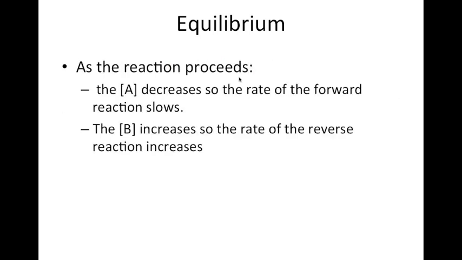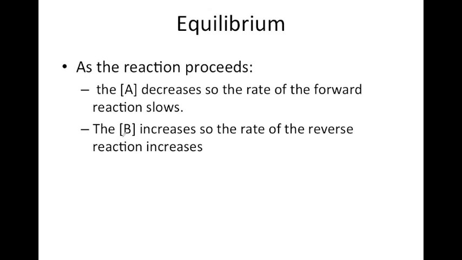Now, as the reaction proceeds, the conditions change, and so do the rates. The concentration of A will begin to decrease over time, so with fewer A molecules, the rate of the forward reaction will begin to slow down. As we begin to build up our concentration of product B, then B will begin to react to reform A. In other words, the reverse reaction will occur.